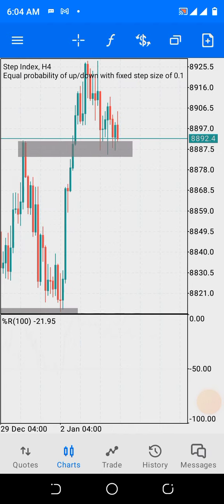So here now, at this present chart, there are two possibilities.